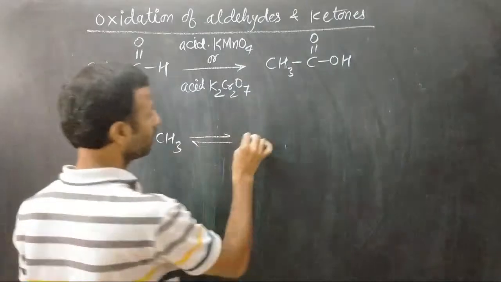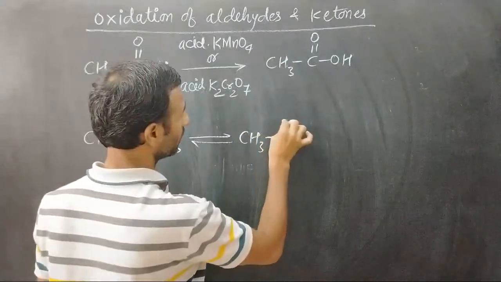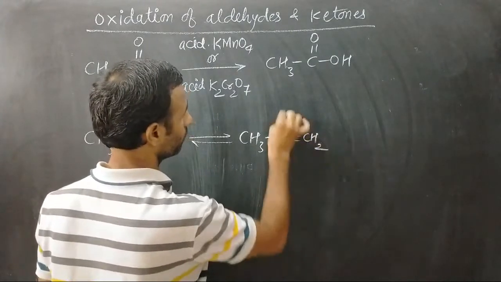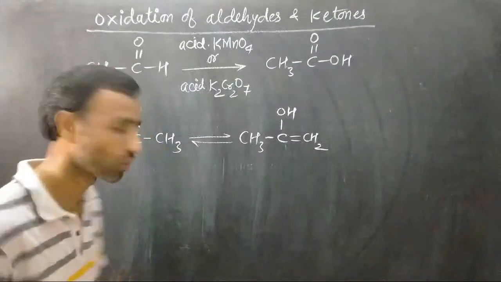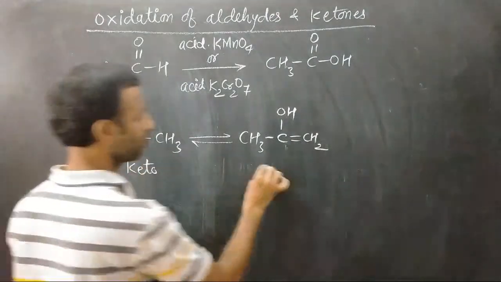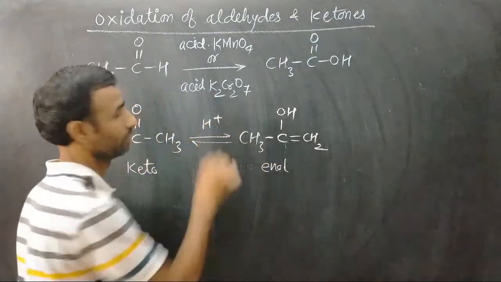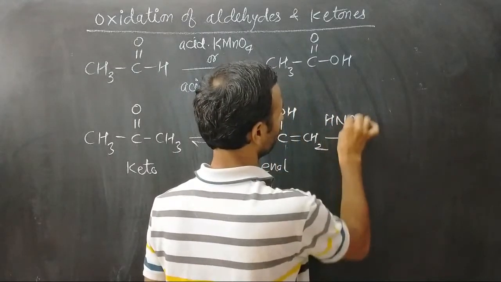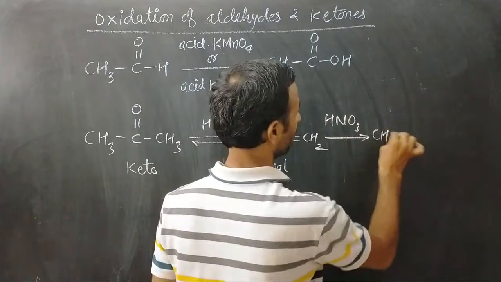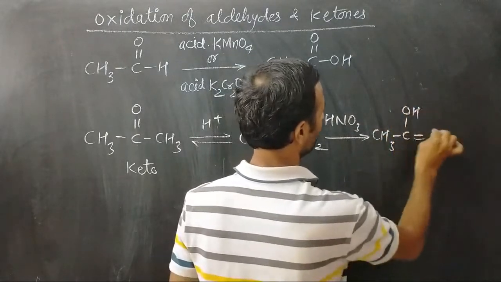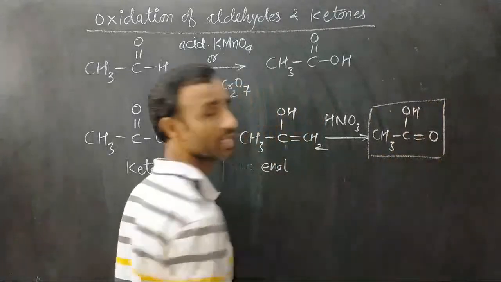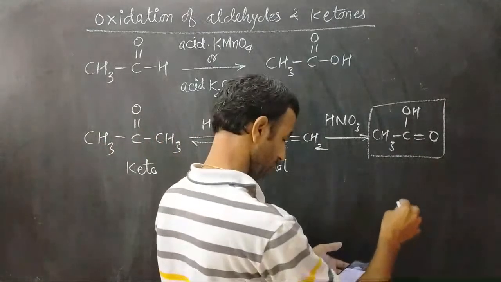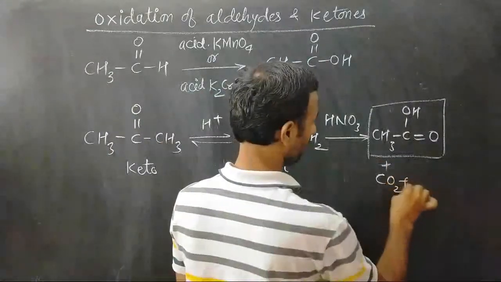So, first of all, it is converted into enol. First, there is tautomerism. Keto form is converted into enol form. Okay. And then this enol form, in the presence of nitric acid, is converted into carboxylic acid with a lesser number of carbon atoms, along with CO2 and H2O.